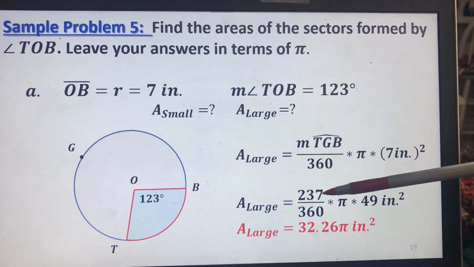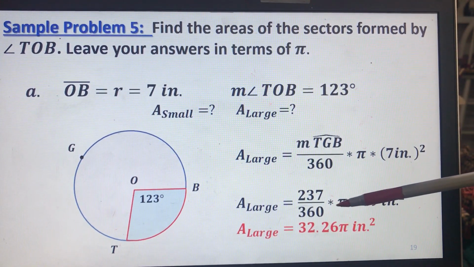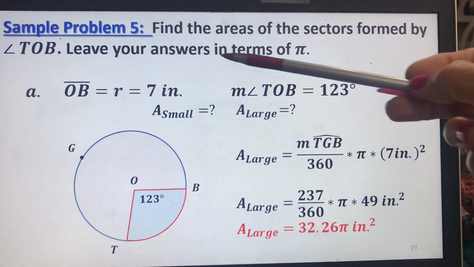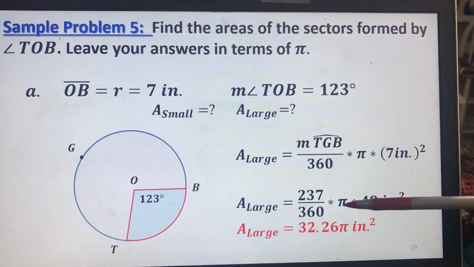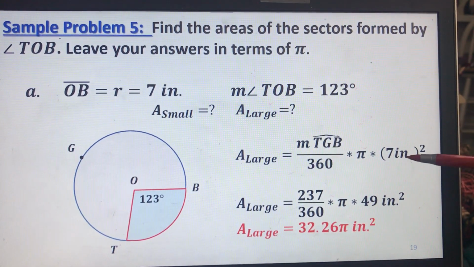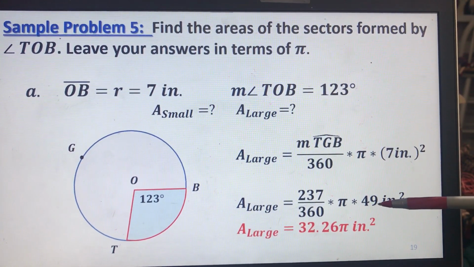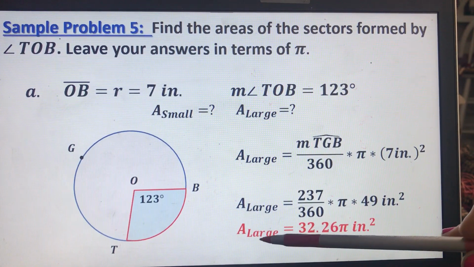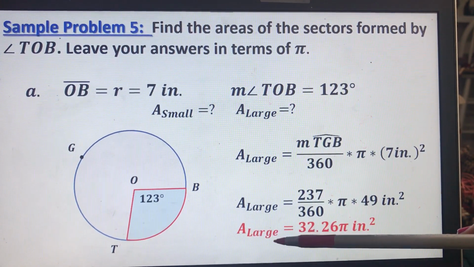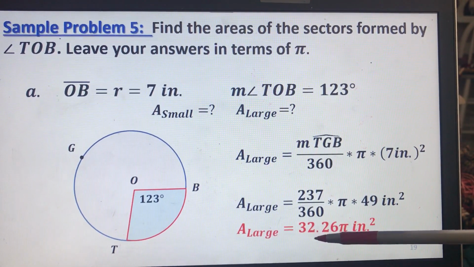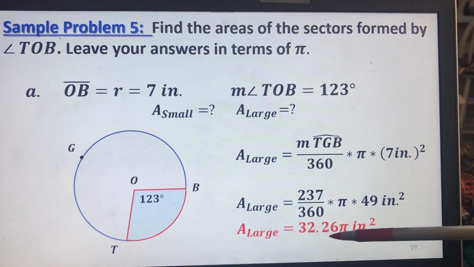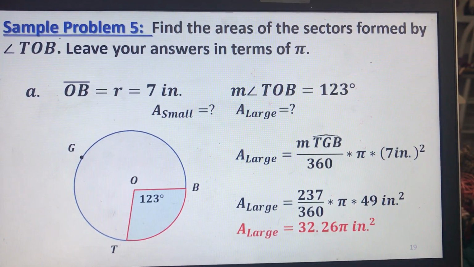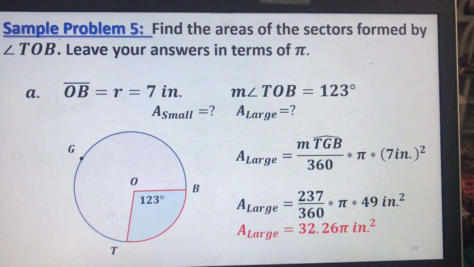It's 237 divided by 360. Again, we have to leave our answer in terms of pi, so we simply bring our pi down, times 7 inches squared, the same, 49 square inches. After we perform our operation, the area of the larger sector is going to be equal to 32.26 times pi square inches.